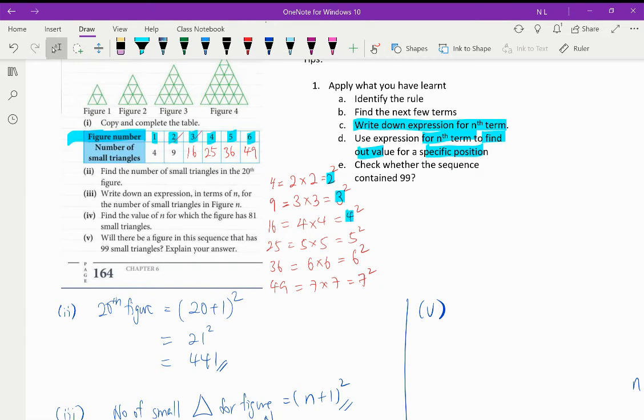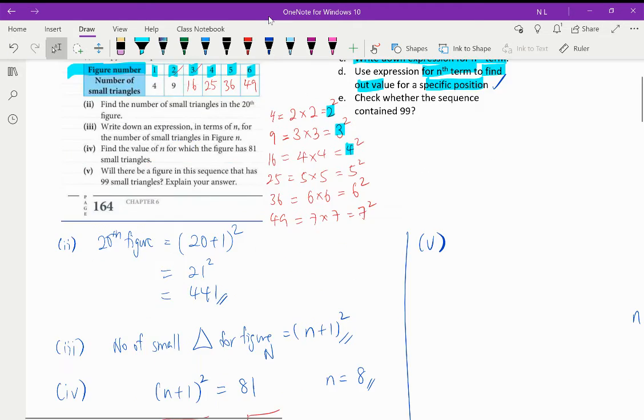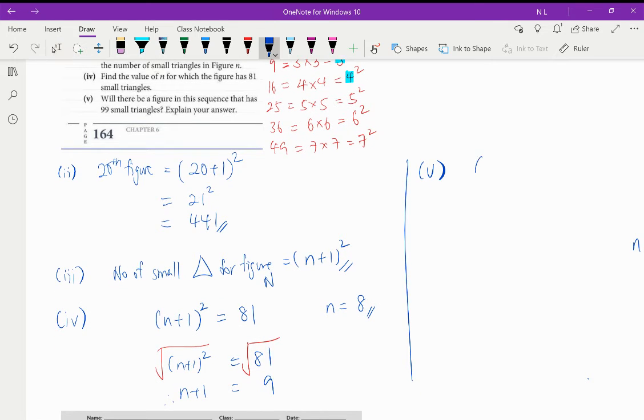After you have used the expression for the n term to find a position that contains the 81 small triangles, the next type of question they will ask you is whether this particular sequence contains a certain number. So for this case, whether it contains 99 small triangles. Same thing: take (n plus 1) bracket square equals 99.